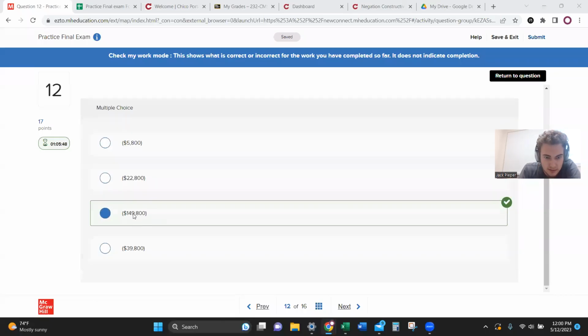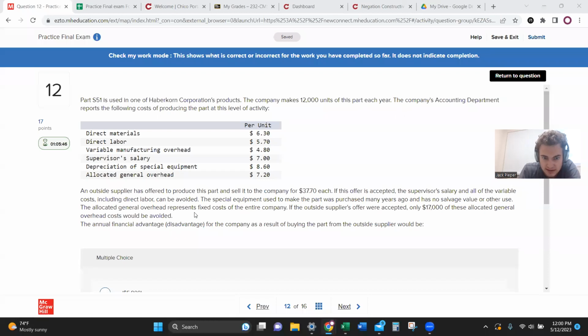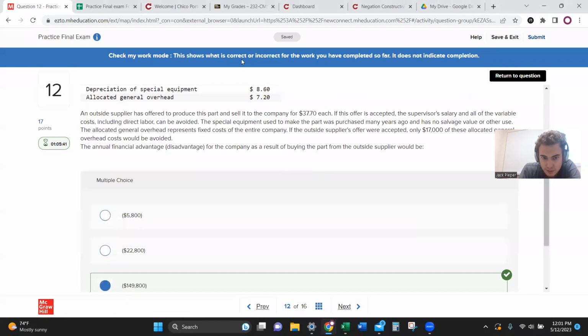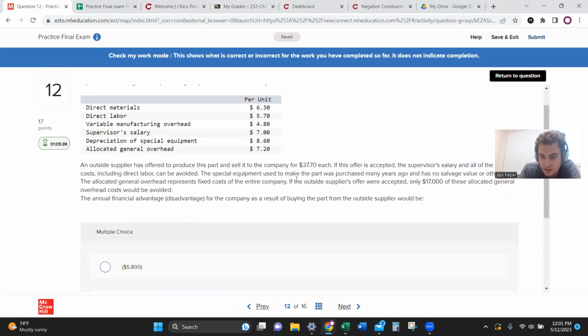Okay, so this is the right answer, and this is the difference between costs from buying it outside from the supplier. So what it's saying is it would be cheaper to make it in-house, because we have a lot of allocated overhead and a lot of depreciation that we eat, and both of those are irrelevant when it comes to decision making.